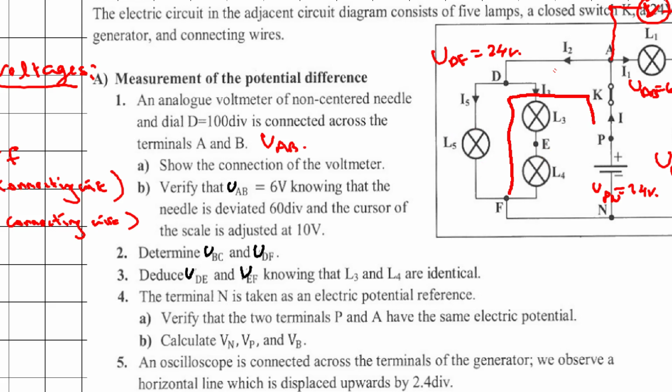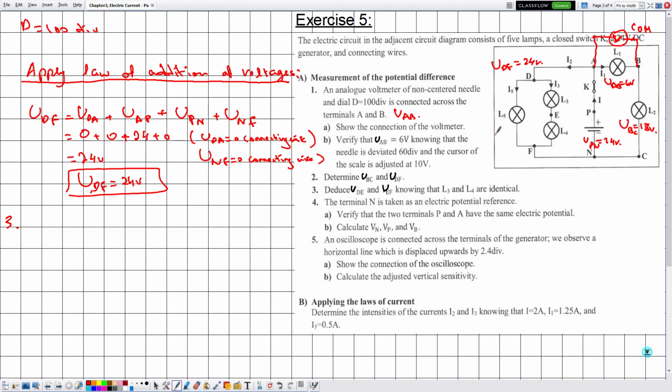So we only consider these 2 without considering the lamp L5. So now let me say, since L3 and L4 are identical, then they have the same voltage.